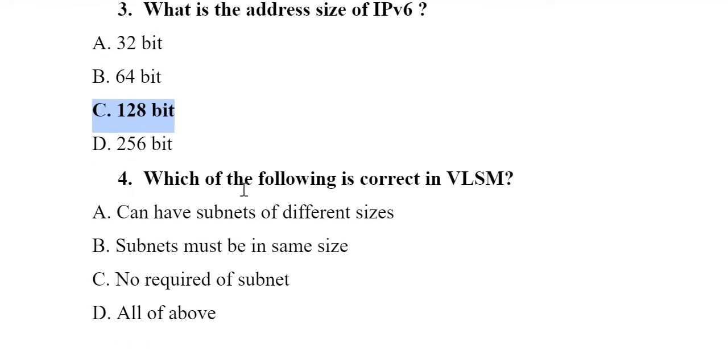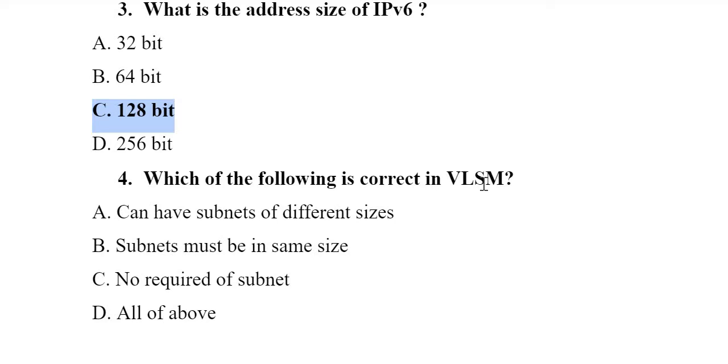Next is, which of the following is correct for VLSM? What is the full form of VLSM? Variable length subnet mask. While doing subnetting, if you are dividing IP addresses among 4 departments and giving each department the same number of IP addresses, let's say 10, 10, 10, 10, that is called FLSM, fixed length subnet mask.